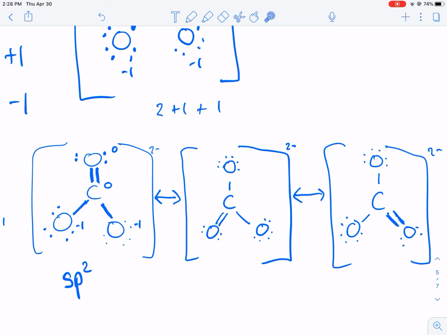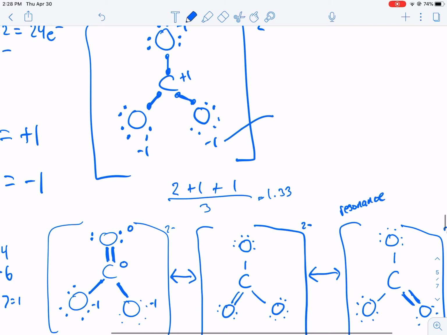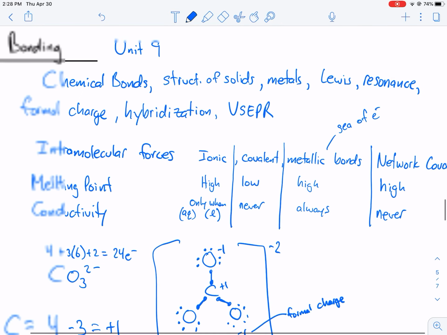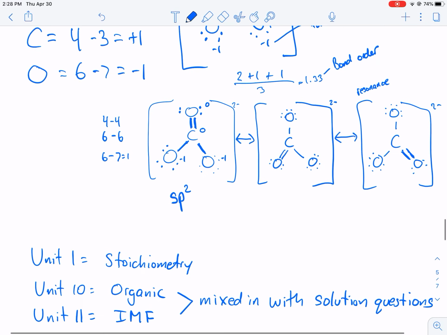So it's a double bond right here, and then another bit of the time it's a single bond, another bit of the time it's a single bond, and then we would divide that by 3, so we get 1.33. I think I said that up above. Anyway, so we've got the bond order. This is what we call resonance. This was our formal charge. This is our bond order. What else did we have? Let's take a look here. Hybridization.